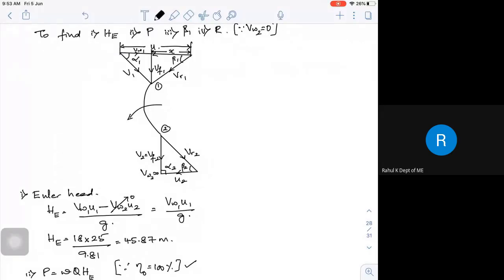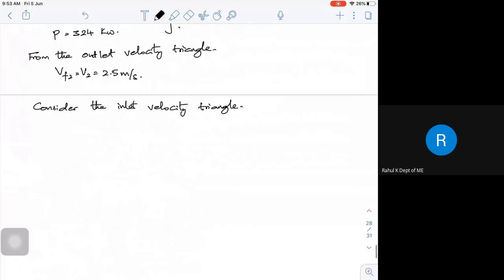Okay, let's do that. Consider the inlet velocity triangle. V1 square is equal to Vf1 square plus Vw1 square, or my V1 is equal to the square root of Vf1 square plus Vw1 square. Let's substitute it.